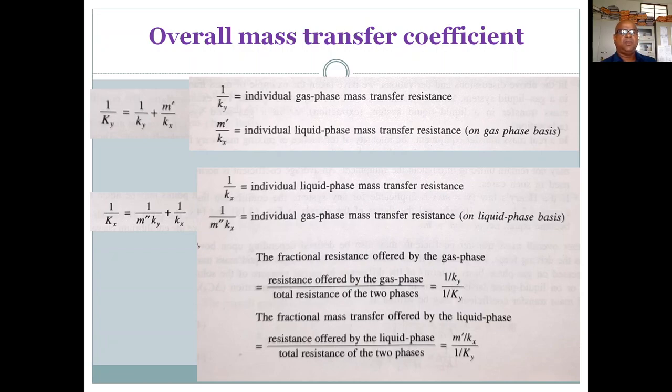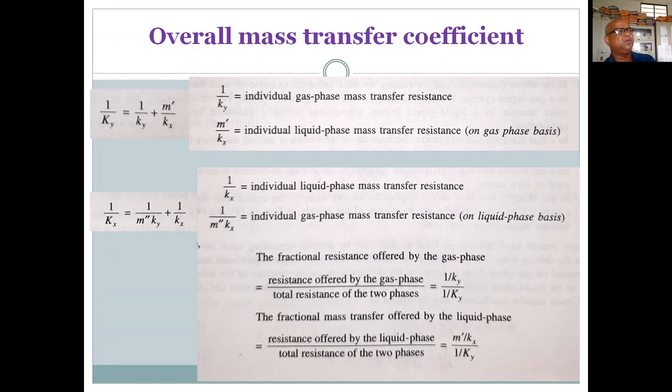But if the gas phase side has much resistance and I try to decrease the liquid side resistance, then nothing will come, because the controlling part is the gas phase side. We have to concentrate on the side offering more resistance to nullify it.